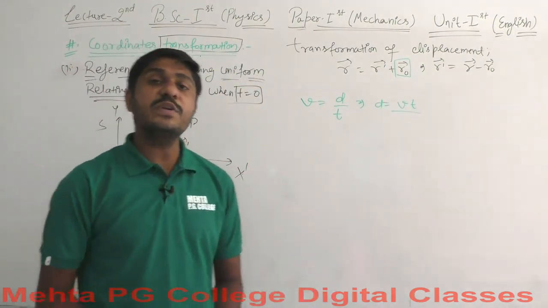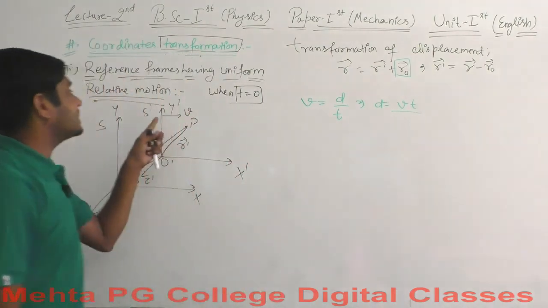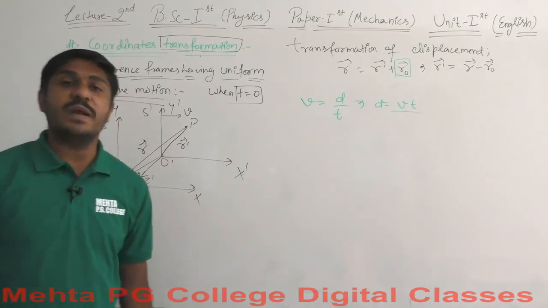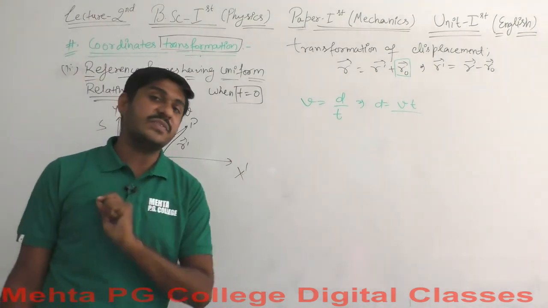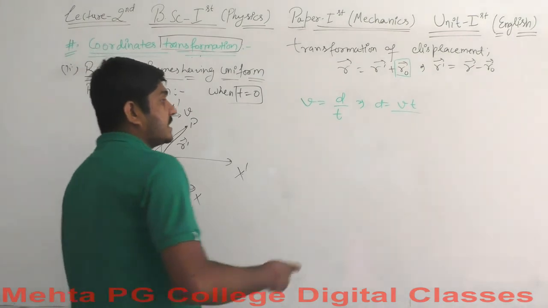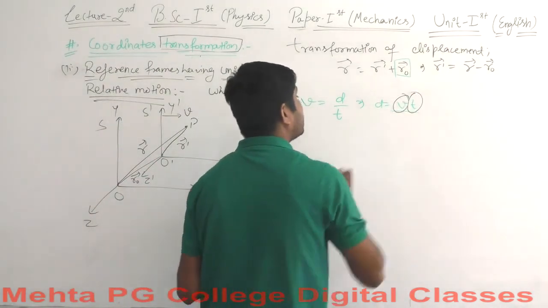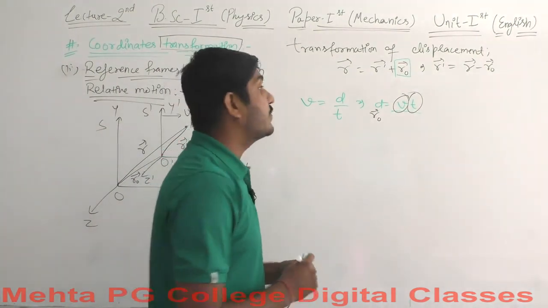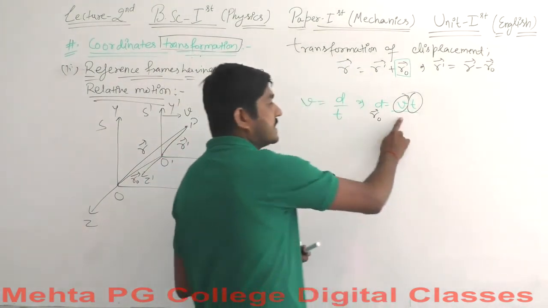We are given that the frame S dash, the secondary frame, is moving with velocity v with respect to the primary reference frame. So the velocity is v, the time is t, and the distance d is r naught here. So we will replace r naught with this value.